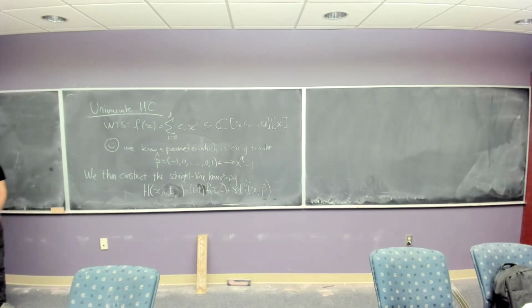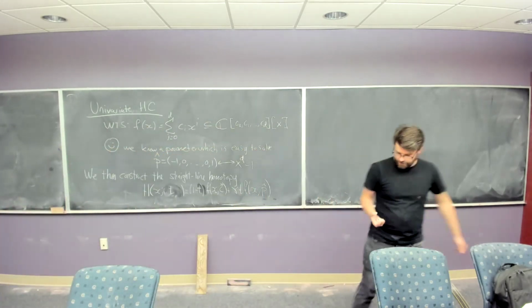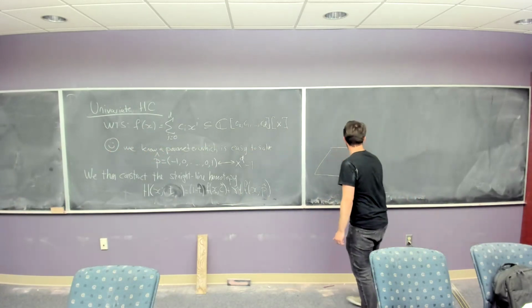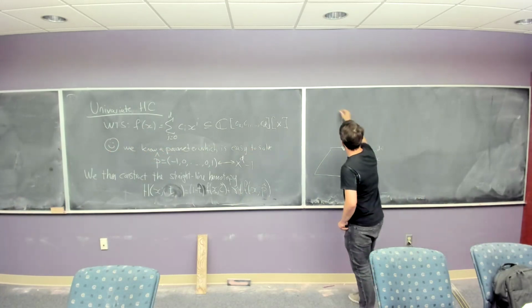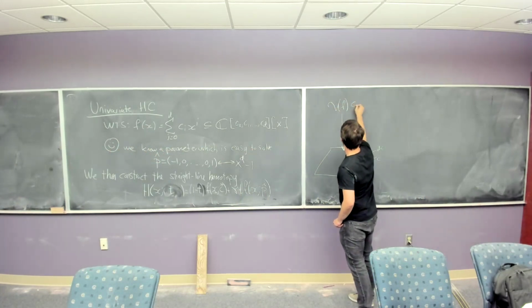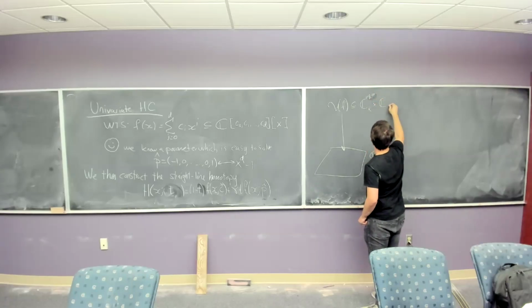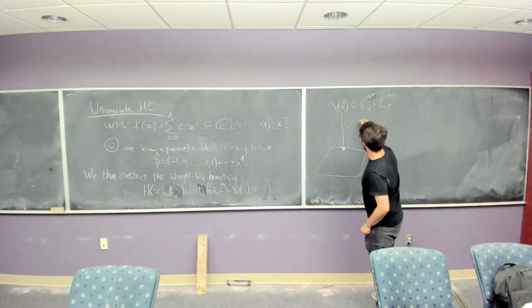So our univariate homotopy can be thought of as a restriction of a much bigger story. d plus 1 parameters, generically d roots.